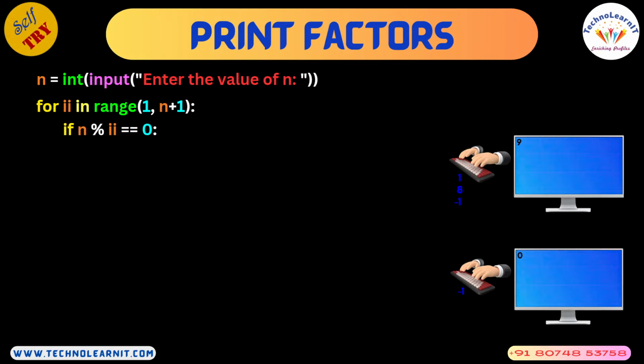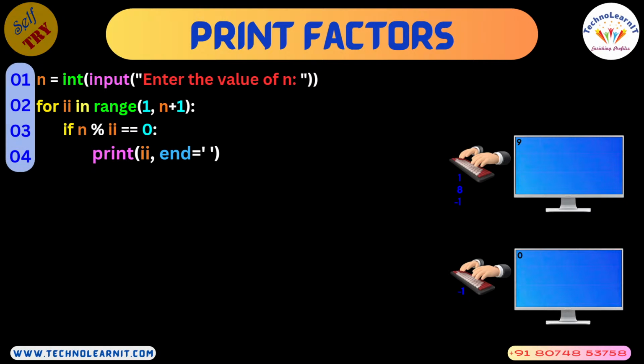To look for the remainder, you have to use the modulo division operator and check whether the remainder is 0. That is why I'm going to add this condition. If n modulus i equal to 0, what does it mean? It means i is a factor. So go and print it out, right? So this piece of code is enough to print the factors of a given number n.